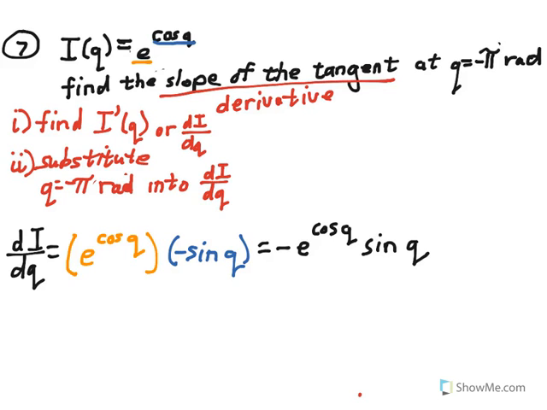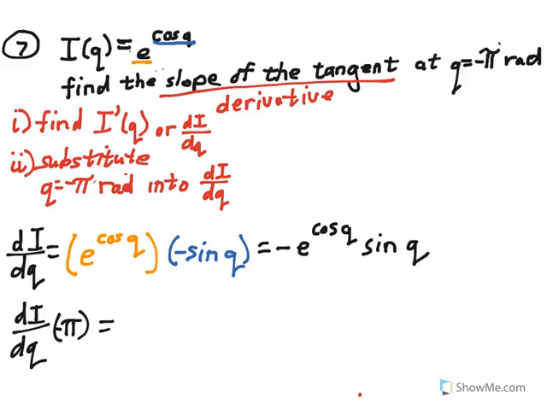Alright, so now we have di dq expressed as a function of q. Now if we want to find the derivative when, don't forget we were asked to find the derivative when q equals negative pi radians. So now we've got to substitute that number in, and that's going to be di dq at negative pi.